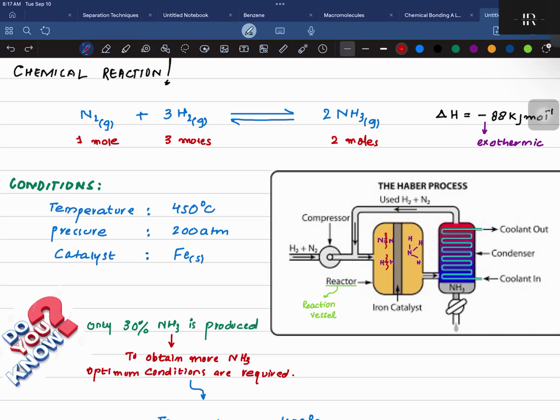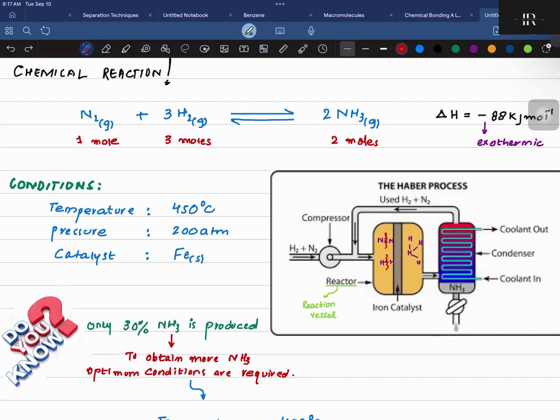I am providing special, suitable conditions to the particular species. So only ammonia gas would be converted into liquid form. The rest of the things will not be converted into liquid form because their boiling points are higher.